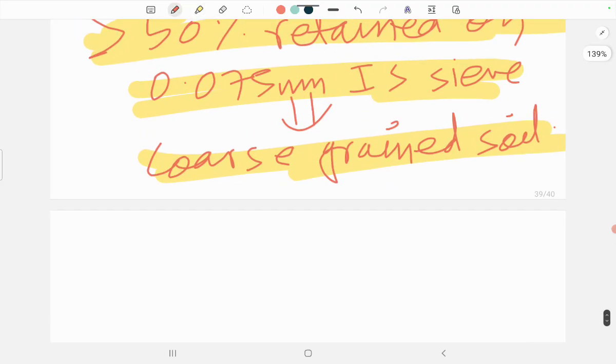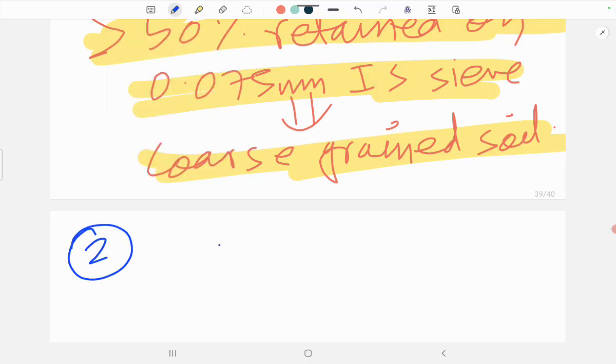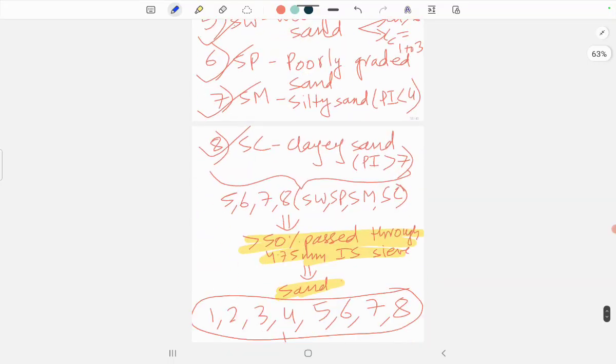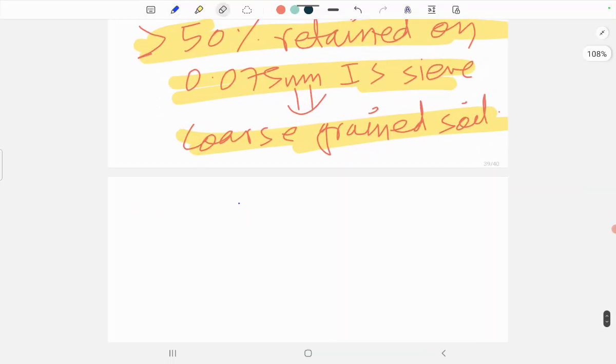So now we write the same thing in the case of fine grained soil. Here we wrote about the first 8 groups, they are finished, and from 9 we are going to start.